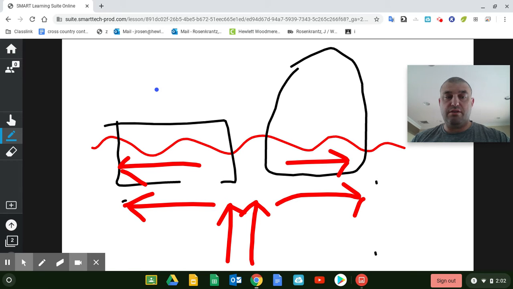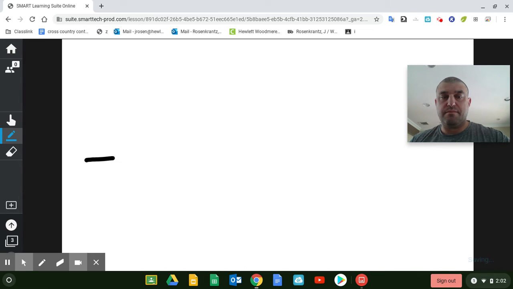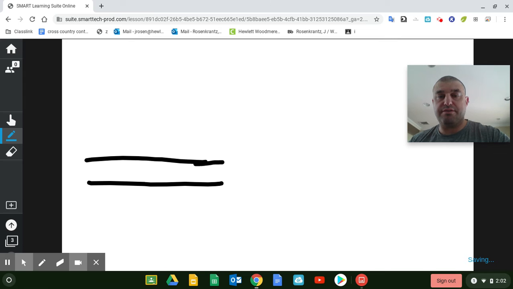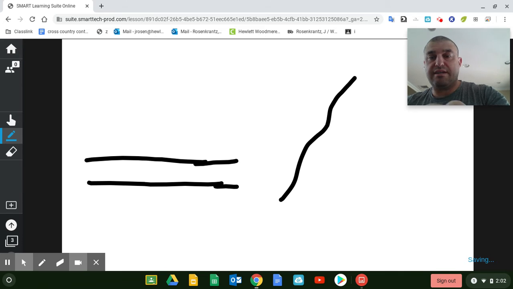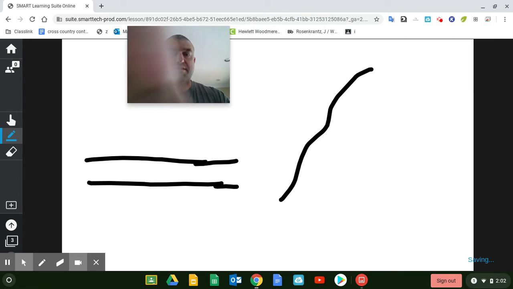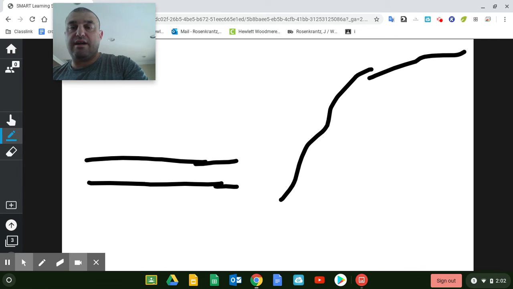So let me draw another picture. So let's say this black slab here is ocean crust, and this bigger black slab is the continent.